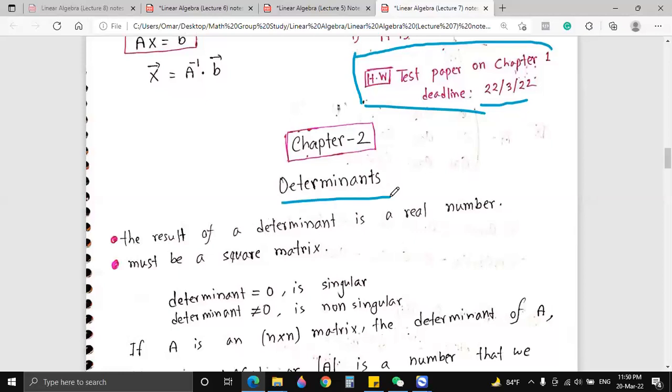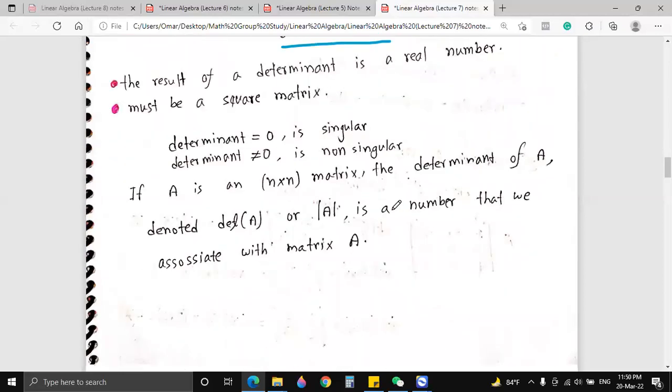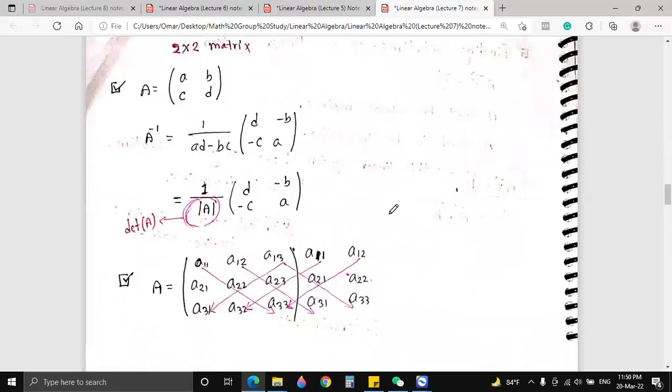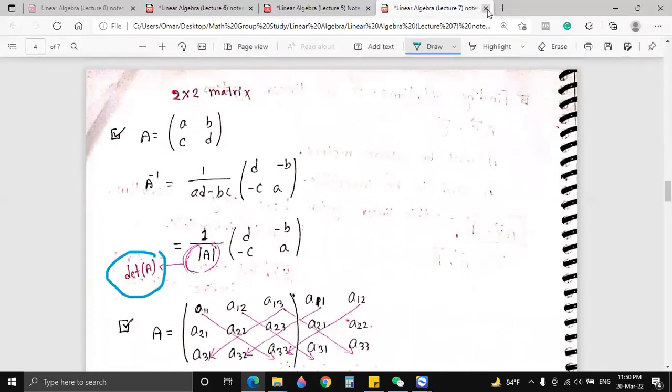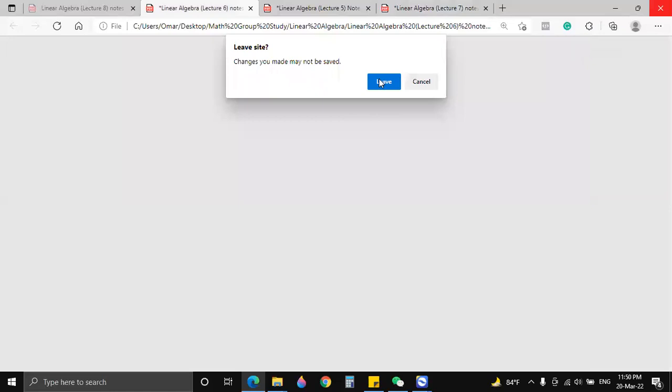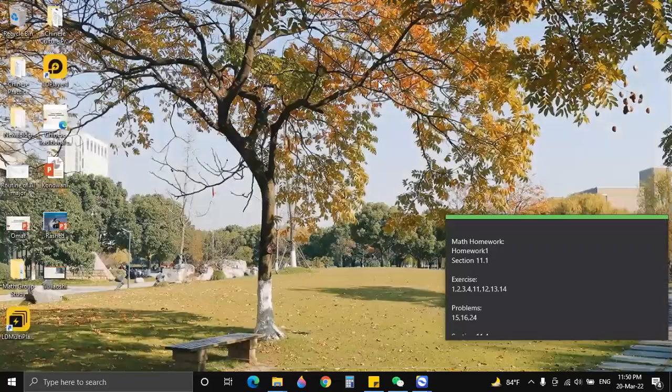Now we are going to learn determinants. Determinants means det A. Okay, let me just reopen this because it is making some problem.